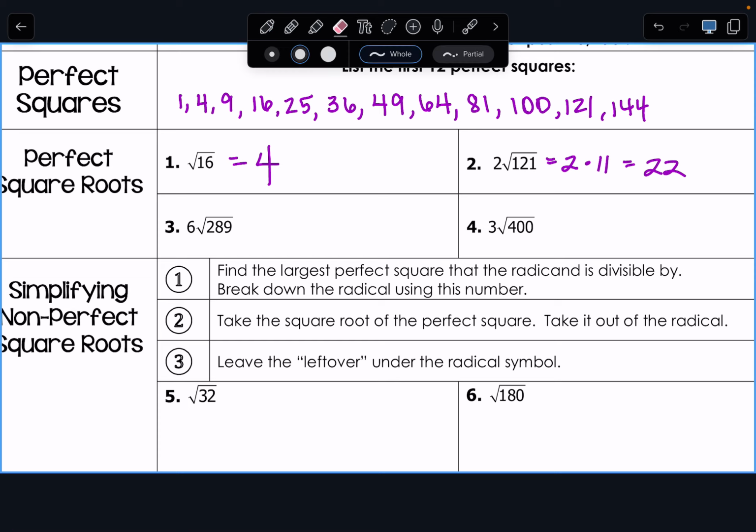On the calculator, you need to press the second button, and then the x squared button. Okay. So we have 6 times what? 17.